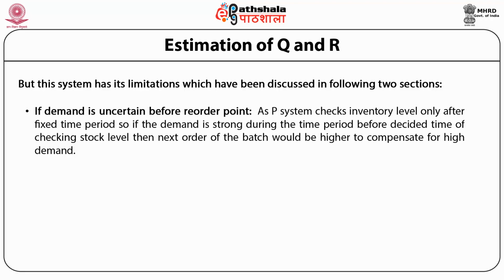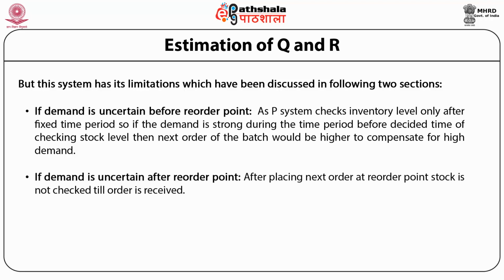Similarly, if demand is slow during such time period, the number of items left in stock when it is checked would be higher and so the retailer would place a smaller order. If demand is uncertain after reorder point: after placing the next order at reorder point, stock is not checked till the order is received.